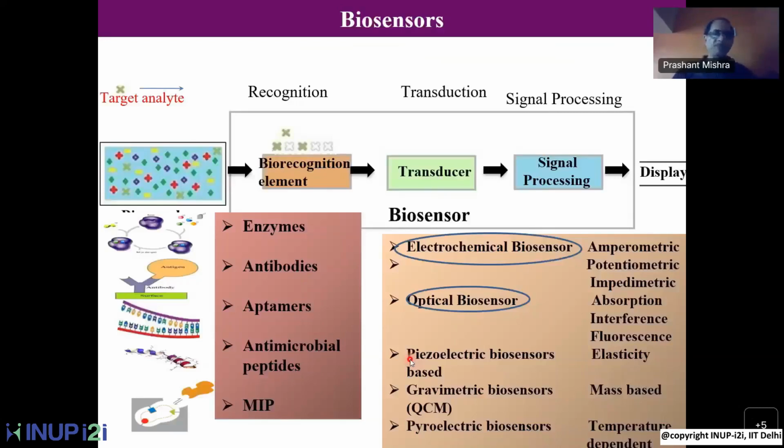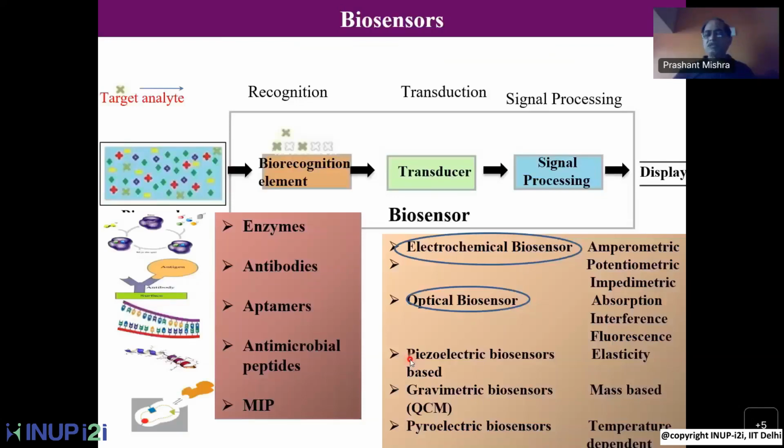So, for example, when you are using biosensors, where do you use them? Suppose you have to analyze any biological material, you are going to use biosensors. For example, if I want to detect urea in a blood sample, I will go for a biosensor. If I have to detect the presence of glucose in the blood, I will go for a biosensor.